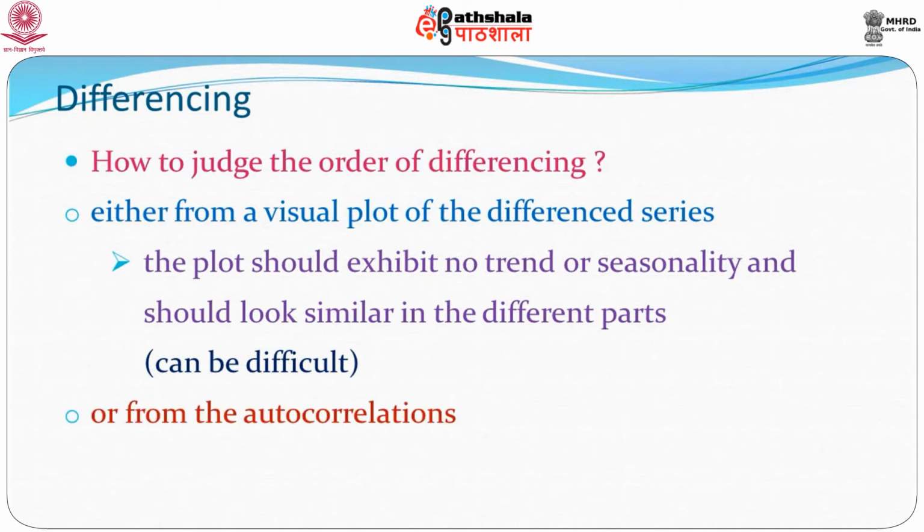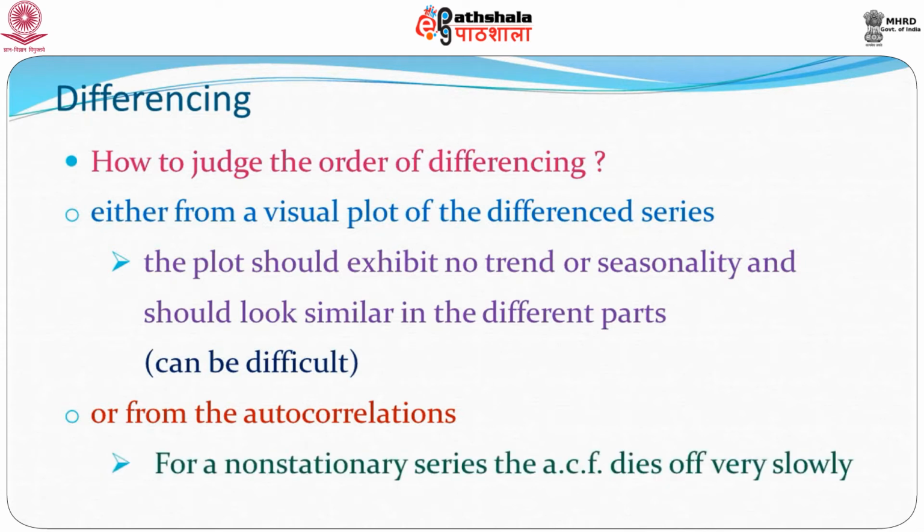But since this is difficult to do, very often what we do is look at the autocorrelations. For a non-stationary series, the autocorrelation function dies off very slowly. So, it does not go to 0 very quickly as h increases. If you see that there is a large lag for rho, that is, for the autocorrelation function, which is non-zero, then you can expect that there is some form of non-stationarity in the data.